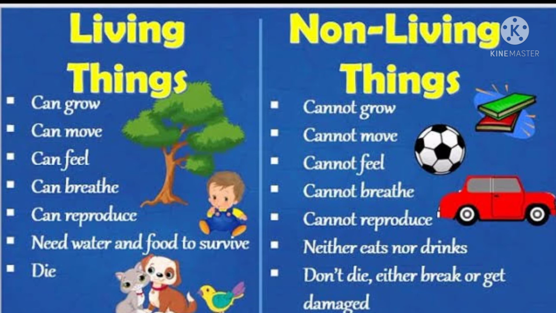Living things can grow, move, feel, breathe, and give birth to young ones, that is, reproduce. They need water and food in daily life. They die. Non-living things cannot grow, move, feel, breathe, or reproduce. They do not need food or water, and they never die, though they may break or get damaged.